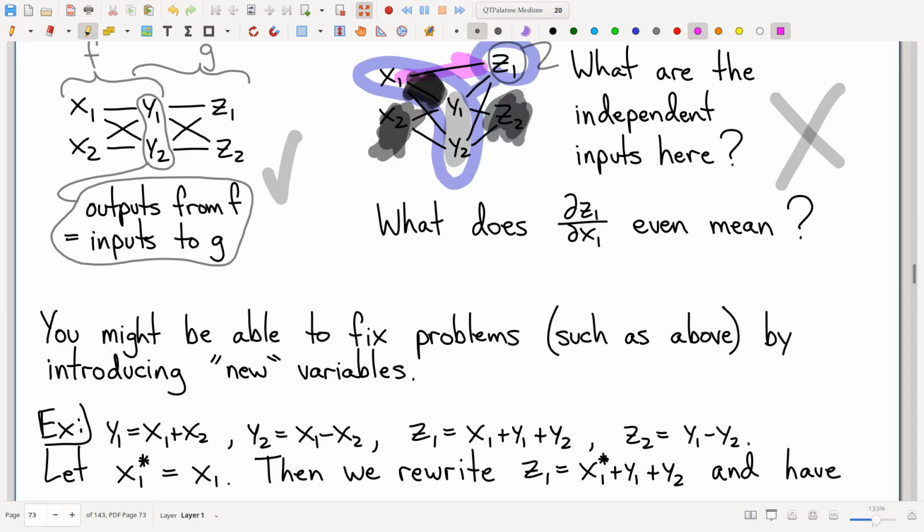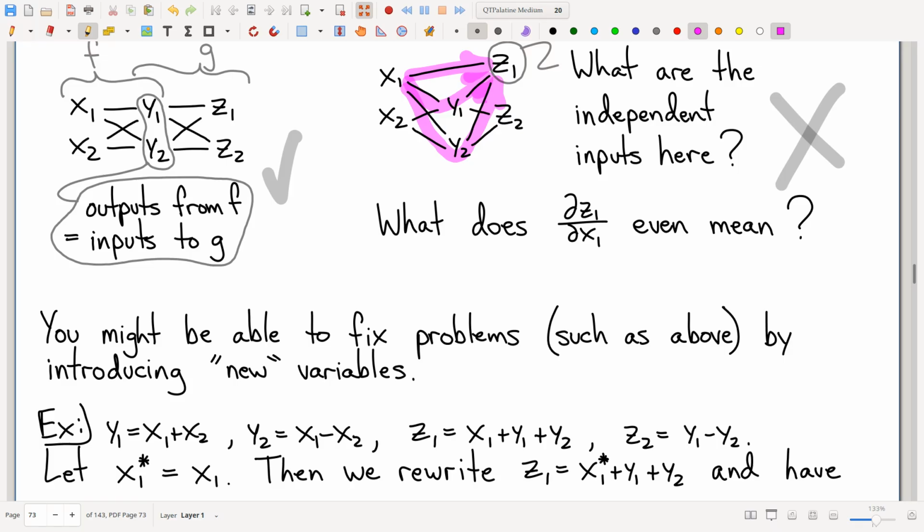That's one thing that we're going to have to do something with in some cases, but then it could also mean, hey, altogether, there's a direct contribution to x1 changing z1, then there's the by way of y1 contribution, and then there's the by way of y2 contribution, and I want to know altogether what's the total rate of change of z1 with respect to x1. That's going to matter too, right?